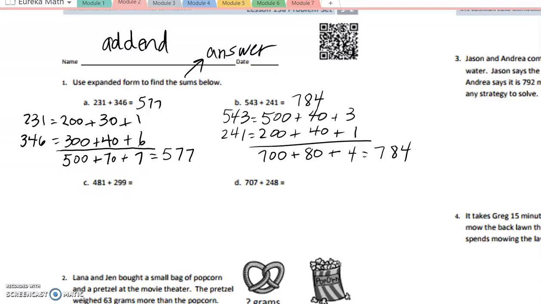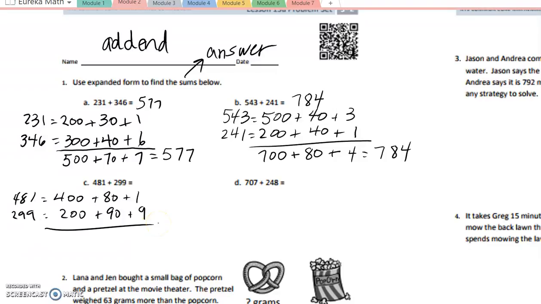Hopefully that makes sense. Let's try the next one. 481 is 400 plus 80 plus 1. Then we have 299, which is 200 plus 90 plus 9.